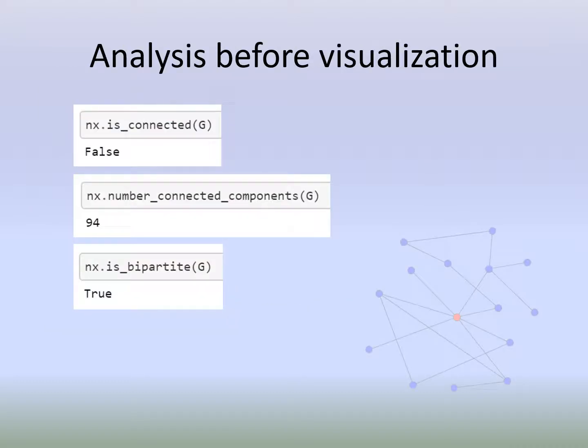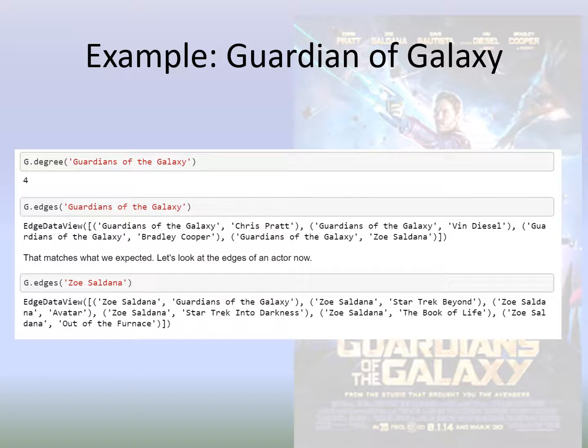We do a little bit of analysis before visualization. Here we see there are 74 connected components in this matrix, and this is a bipartite network. Here is an example using Guardians of the Galaxy to test this new network. We got a degree of 4 for the movie, and we can see the title of the movie and one of the actors.